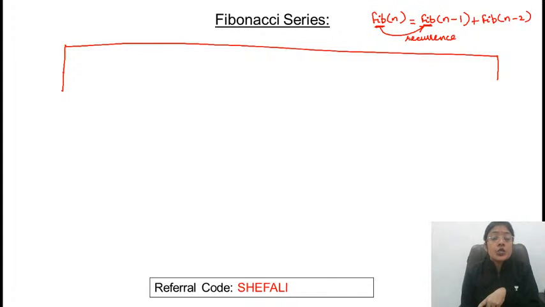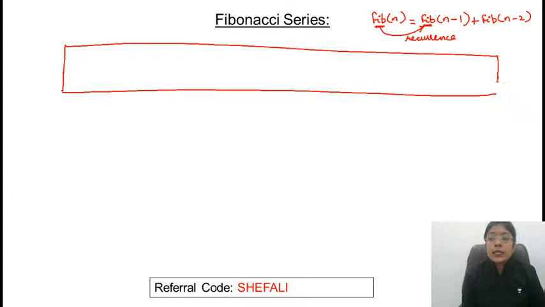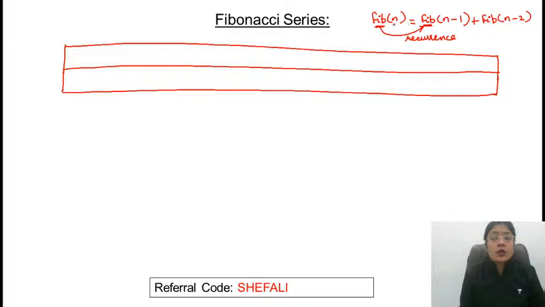And since recursion is there, and we know that recursion is one of the very important and very useful applications of stack, definitely the Fibonacci series is also an application of stack, right? So what is the termination condition for the Fibonacci series? Obviously, we have considered one parameter, that is n.